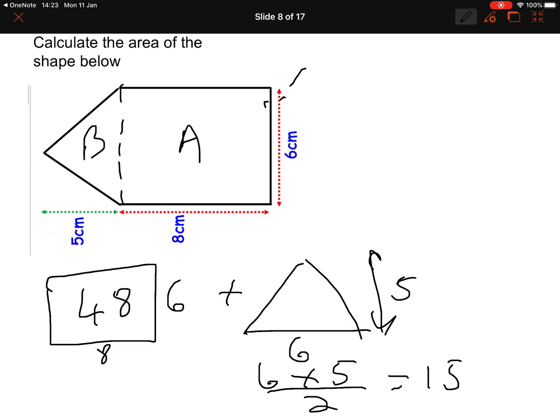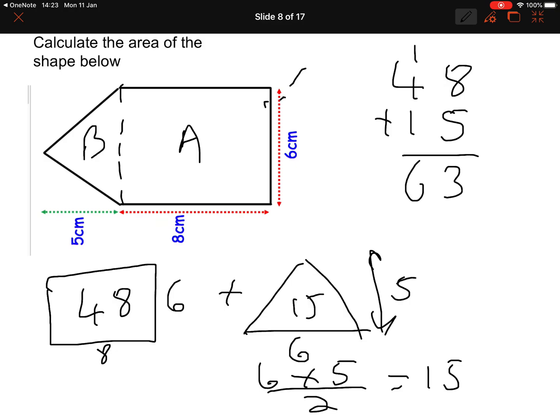Divide that by 2. 6 fives are 30. When you half 30, you get 15. Okay? So the total will be 48 plus 15. So 8 plus 5 is 13. And 4 plus 1 is 5. Plus another 1 is 6. So that will give you 63 centimeters squared. Okay? So double underline that.